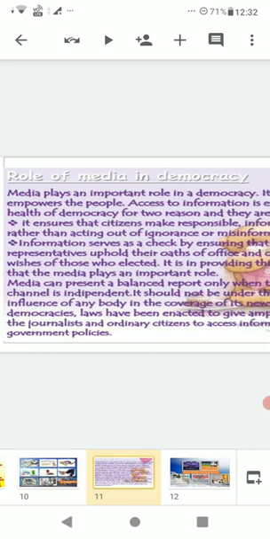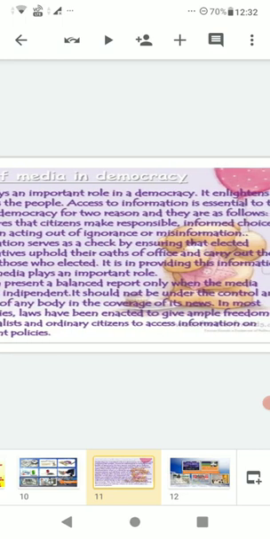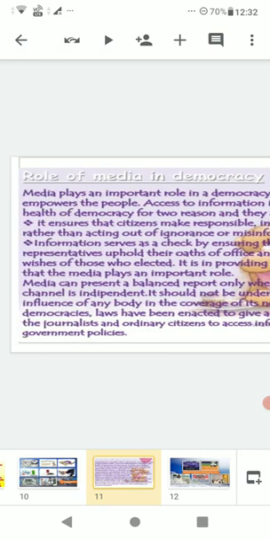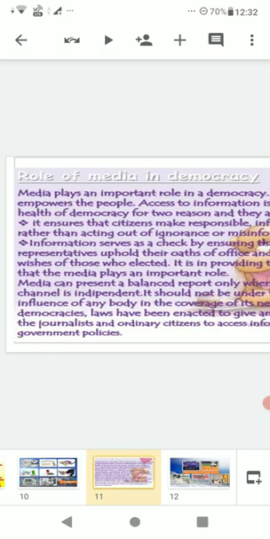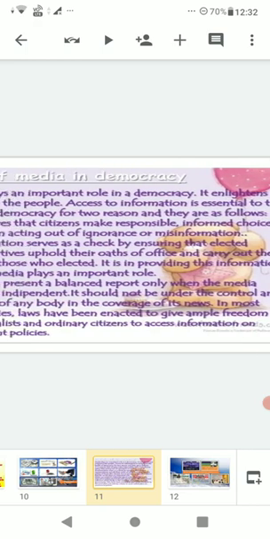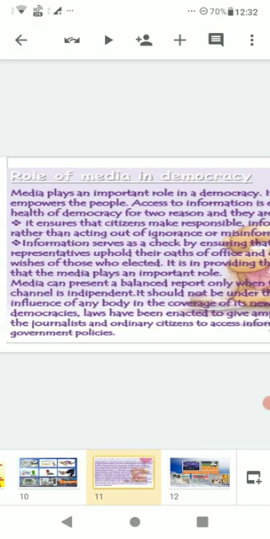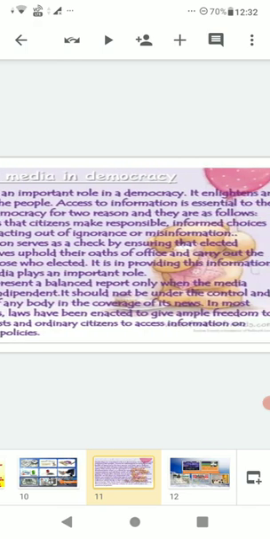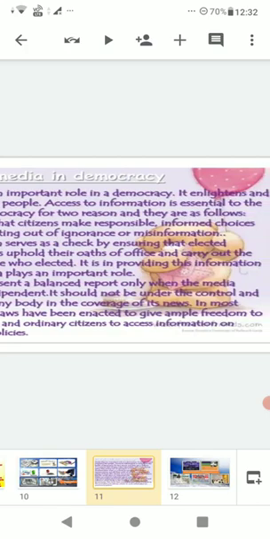Media can present a balanced report only when the media channel is independent. It should not be under the control and influence of anybody in the coverage of its news.